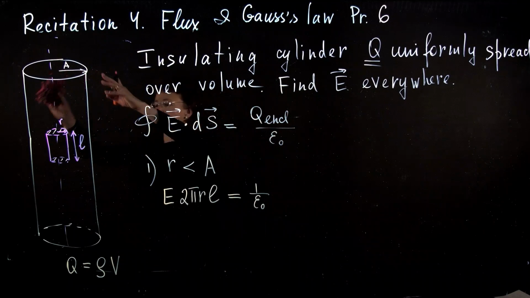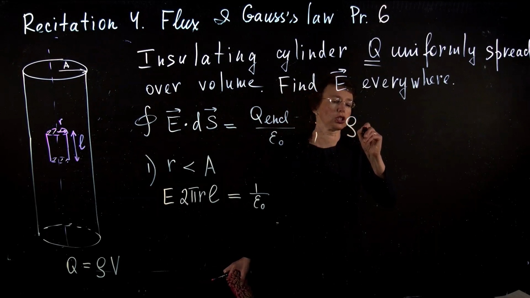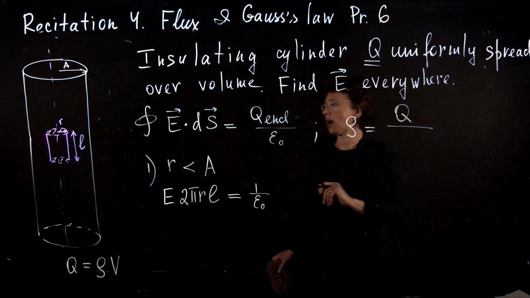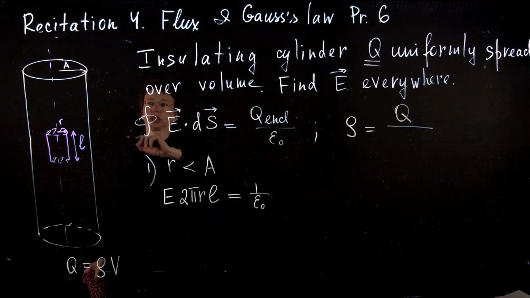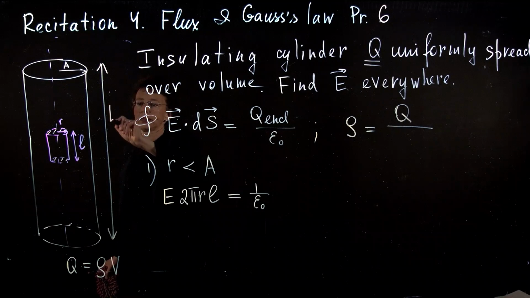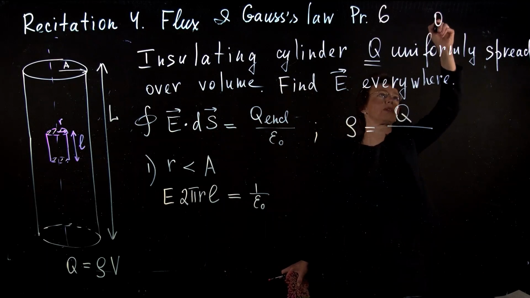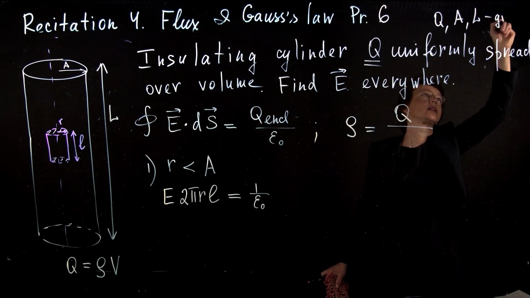We are looking at the original cylinder. Charge per unit volume is Q divided by the volume of this cylinder. I forgot to tell you that the length of this cylinder is given. It is capital L. So Q is given, A is given, and L is given.